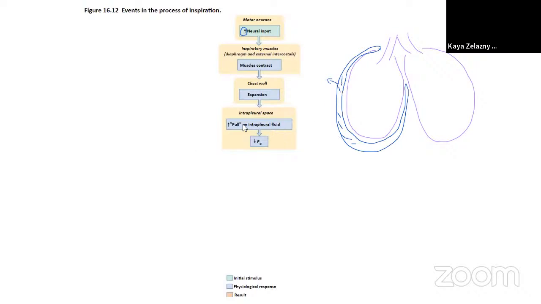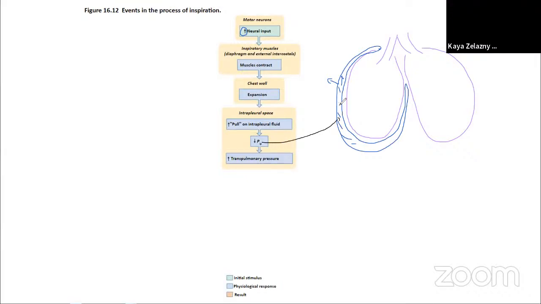Because we're pulling on the fluid, the pressure here is dropping. So our intrapleural pressure is the pressure in this space, in this fluid-filled pleural sac. Increasing our transpulmonary pressure. So this is increasing the difference across the wall of the lung, so between the alveoli here and that intrapleural space.